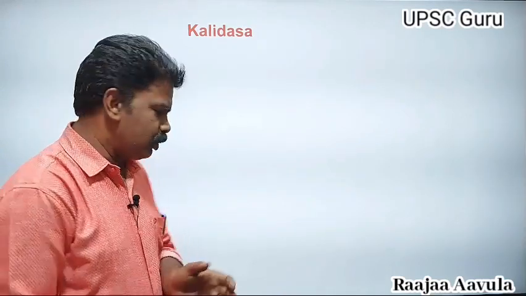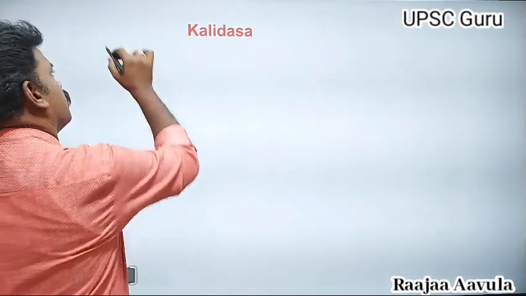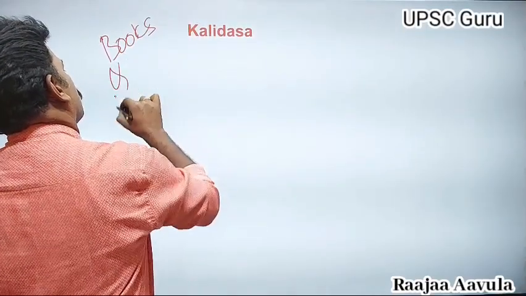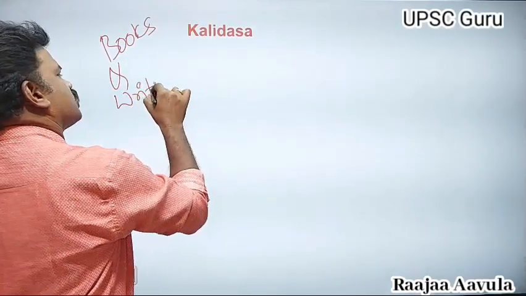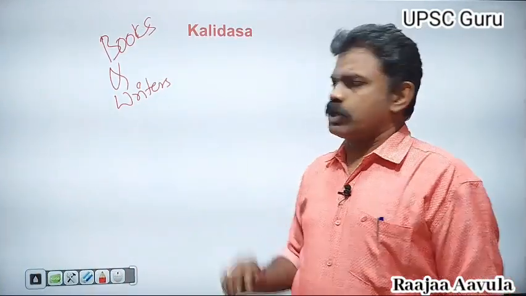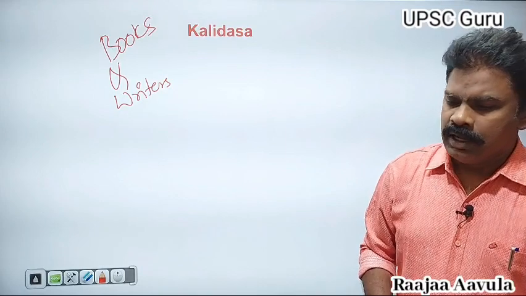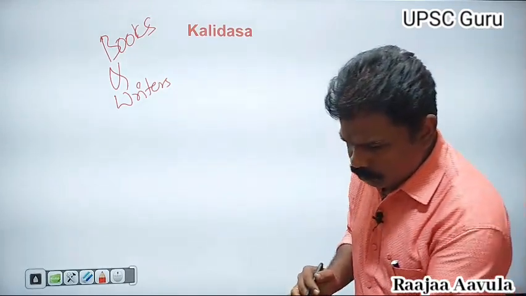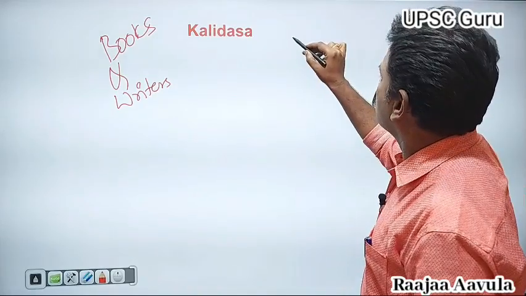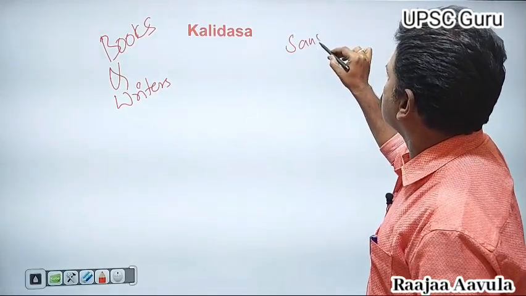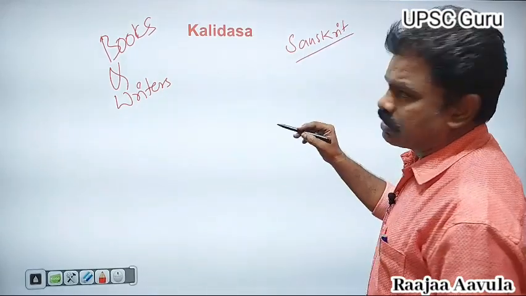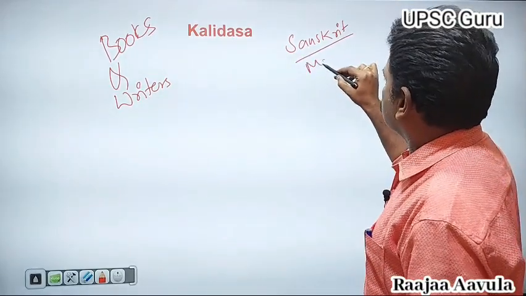Coming to the point of the Gupta's period, books and writers. In the literature, we will come across the books and writers of the Gupta's period. The Gupta rulers patronized Sanskrit, Mahabharata.